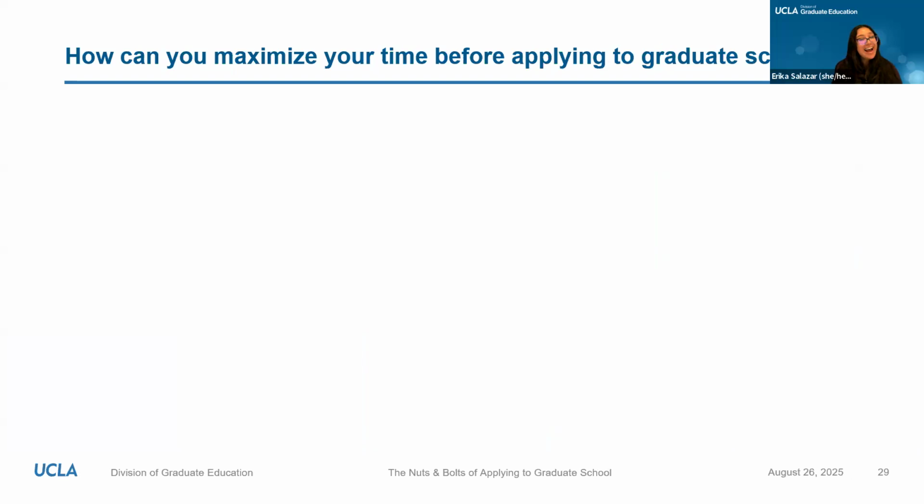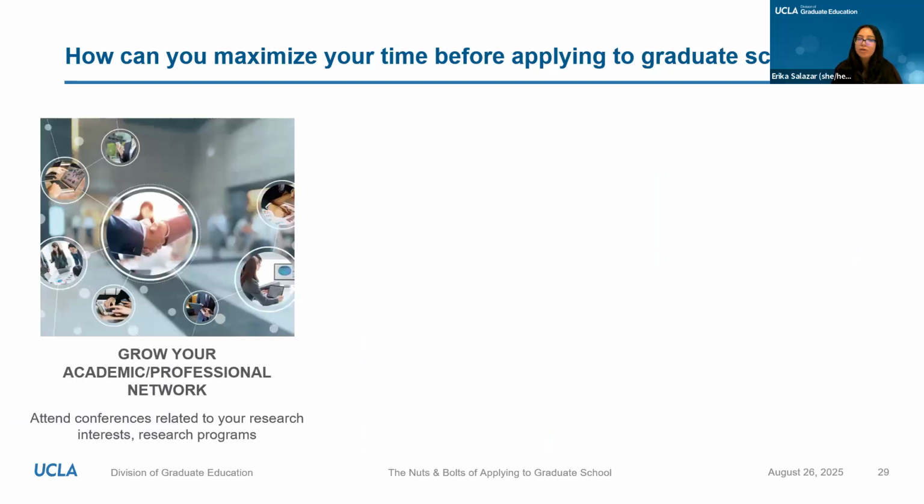All right, so then how can I maximize my time before applying to grad school? Well, you want to grow your academic and professional network. So you want to attend conferences related to your research interests, your research programs. You want to go to graduate school fairs and learn a little bit more about the graduate programs that are offered.